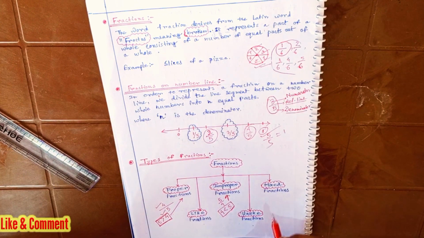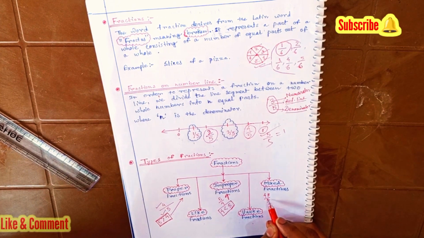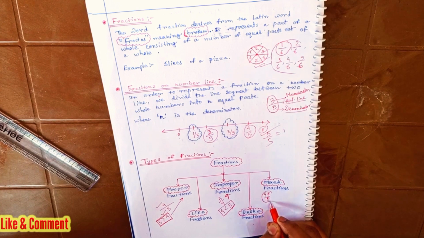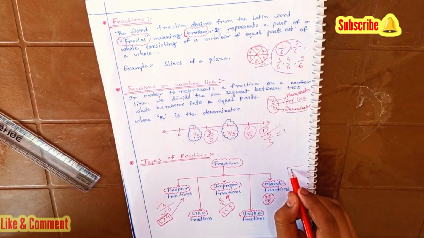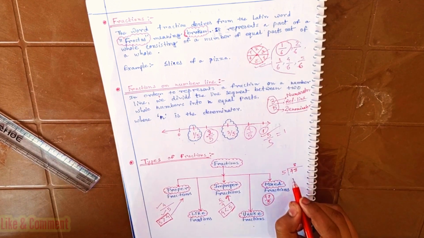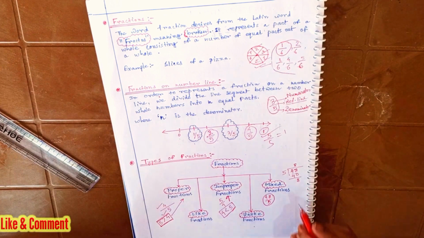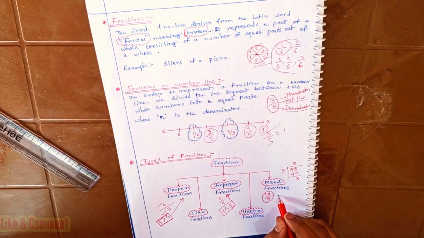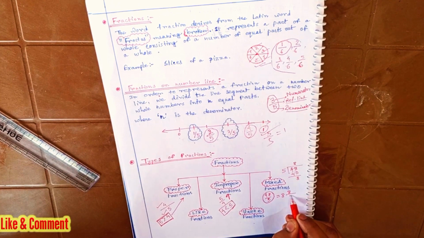Mixed fraction: if we see here 48 by 5, if we take this number or any number and divide it by 5, 48, we get a whole number 9 and 3 by 5.